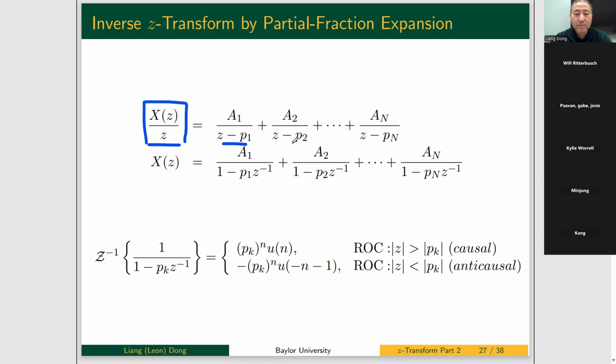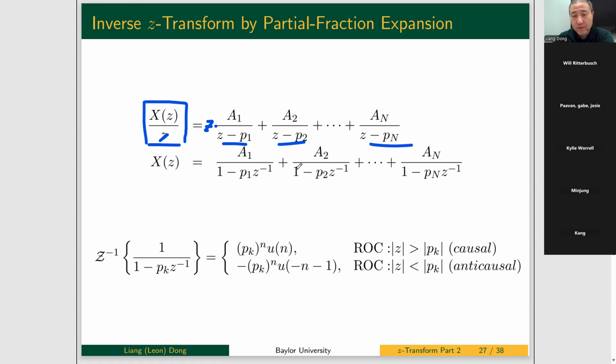Suppose I have all these distinct poles and all the a's are known. Then I multiply this equation left and right by z. So this z will cancel out, and what I have here is X(z). On the right, if you multiply a z here, the denominator becomes 1 subtract p sub 1 z to the power minus 1.